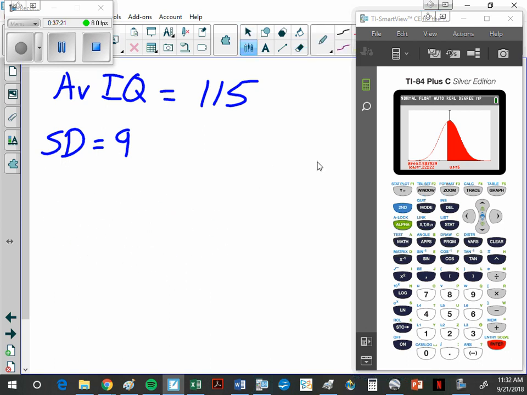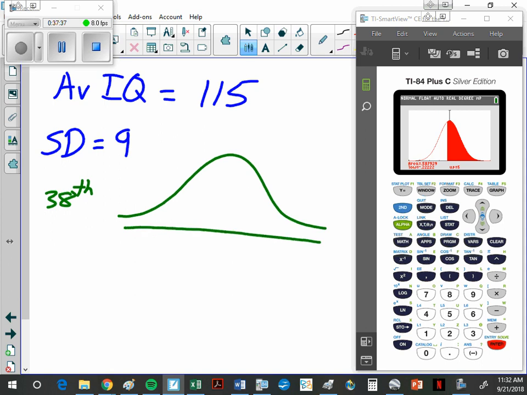So same situation. I want to know if you are in the 38th percentile, what is your IQ? How do we do that? We draw the graph. Where does the 38th percentile land? To the left of the average. So this area is 38.